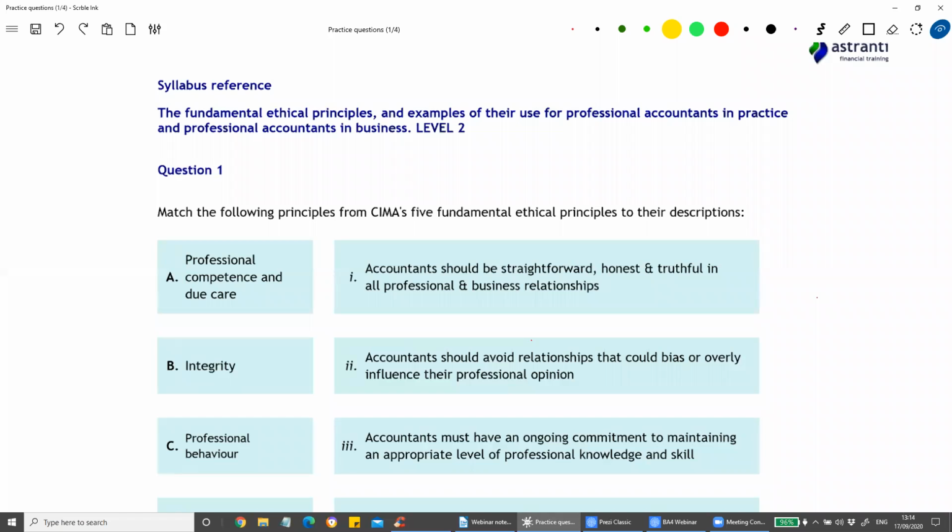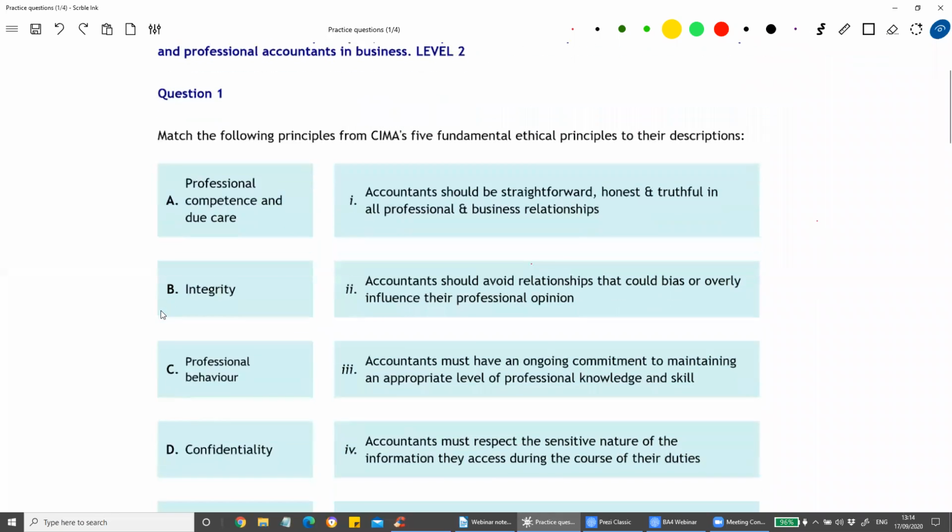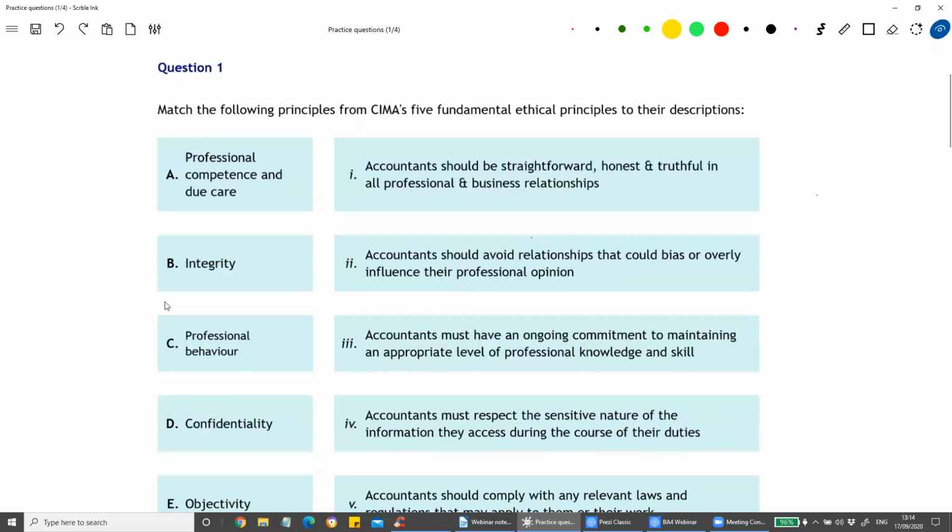And you can see in this question, we've got a matching question, okay? And down the sides, we've got a nice, simple, clear idea of what we have to do, because you can see down the left-hand side are the 5 fundamental ethical principles that we've just talked about.